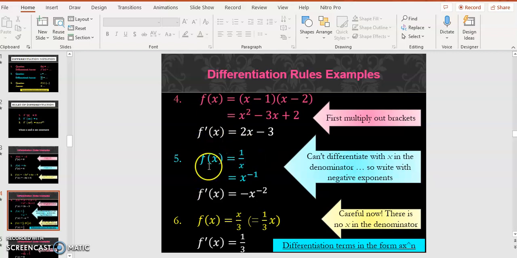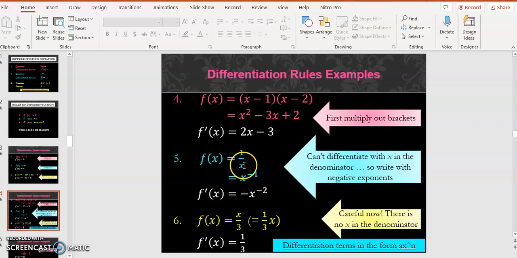They want us to differentiate f of x equals 1 over x. Another way of writing that for us to easily differentiate it is writing it as x exponent negative 1. Remember, if I have 1 over x, this is x to the power 1. If the denominator becomes a numerator, it becomes negative 1.